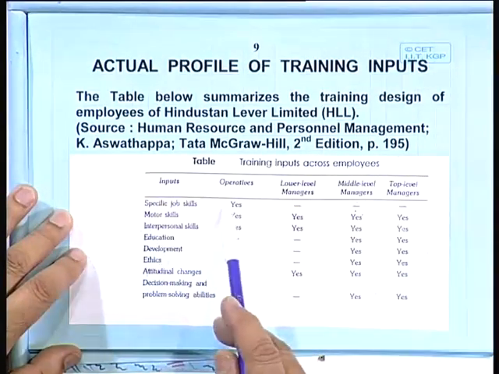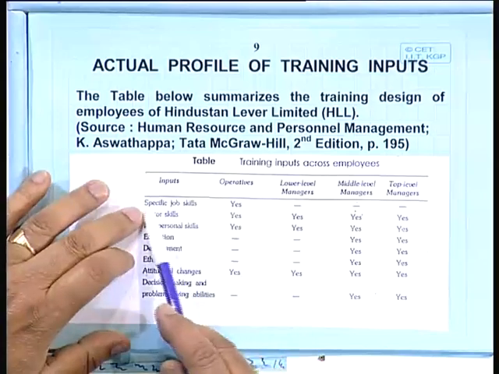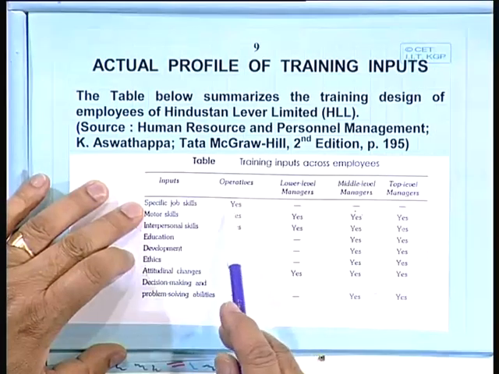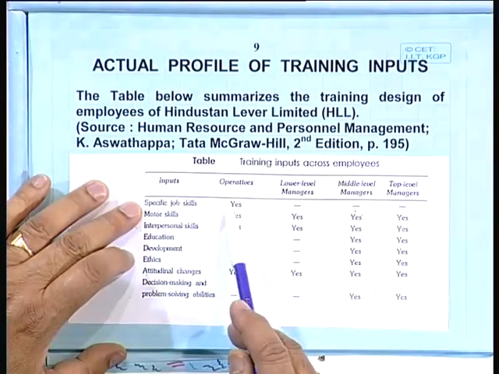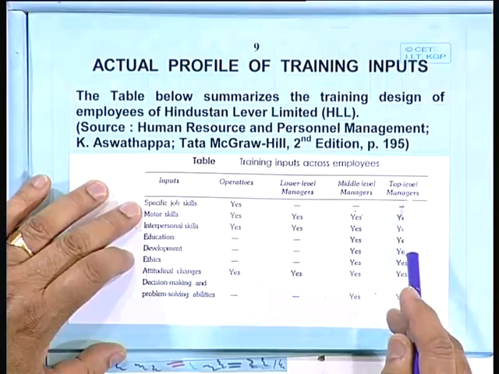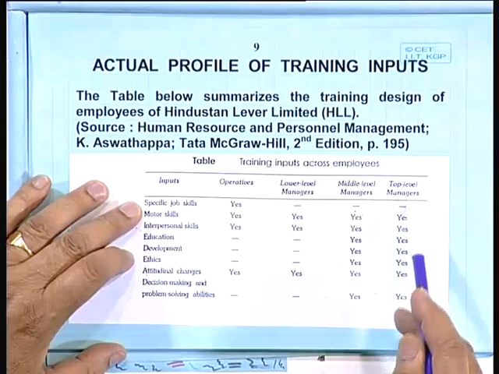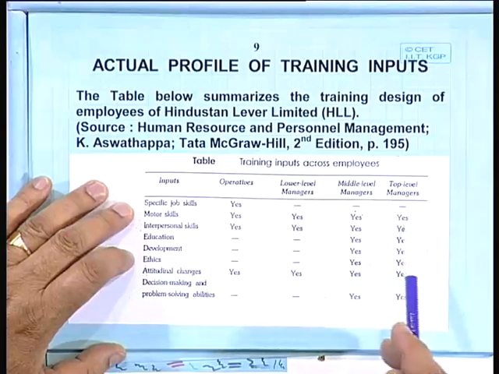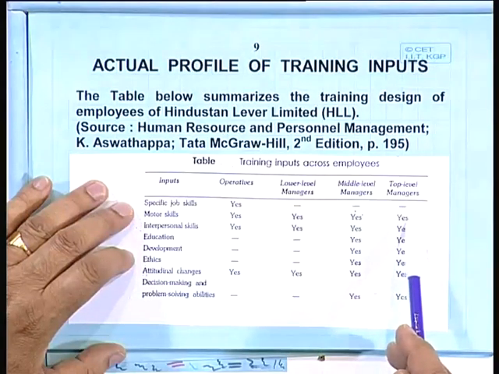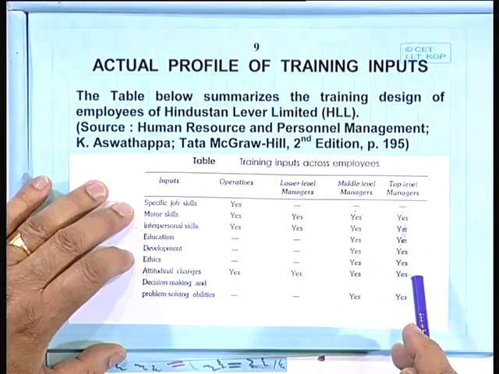Now, let us say for operatives, all right. Specific skill for operatives, yes, they require it, all right. Specific skill for top managers, maybe no, not that important. But what is important for top managers is all the others, motor skills, they should be able to drive, use computers, use all the productivity improvement equipment which is within the office environment and so on, and all the rest of it.